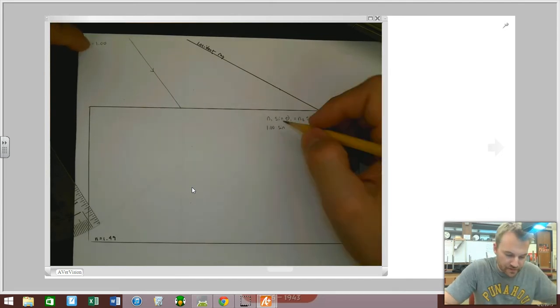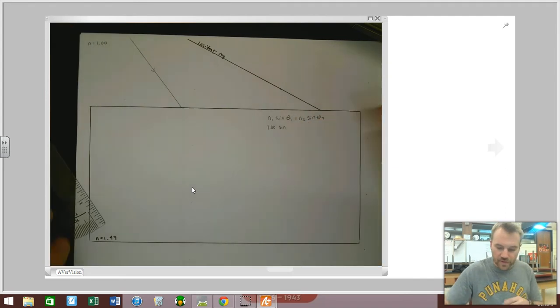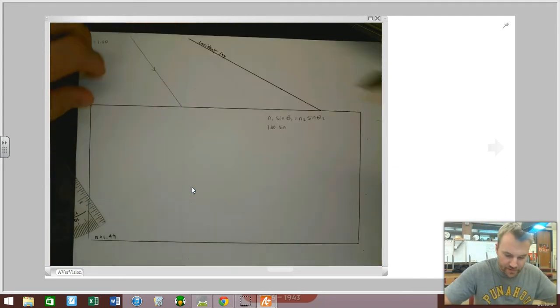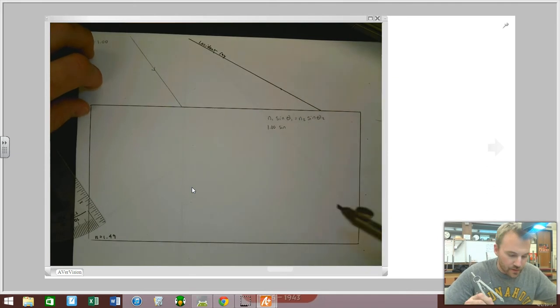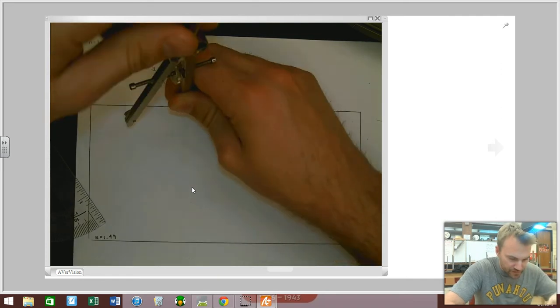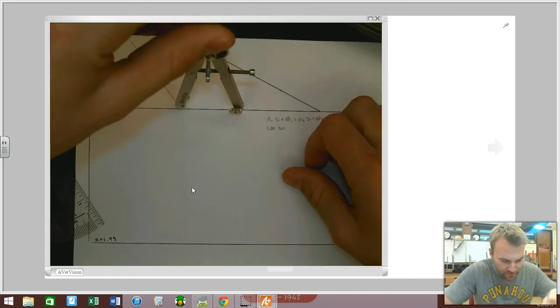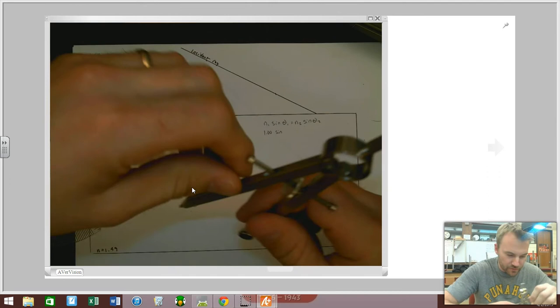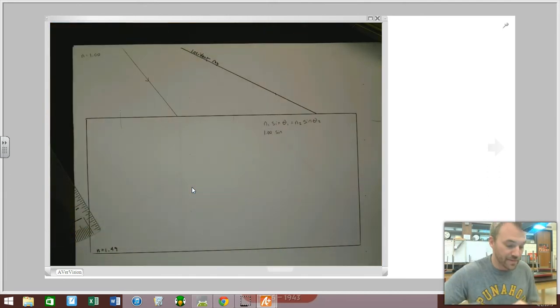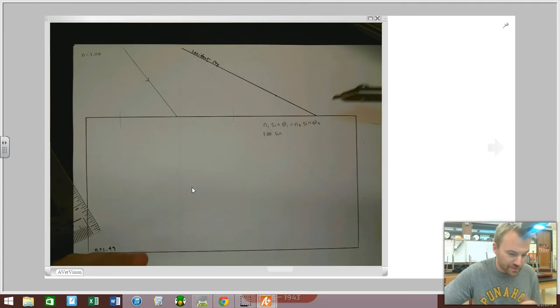Now we have to find the angle of incidence. So first order of business, we have to find this angle of incidence here. So we're going to construct a normal, and you have to be really good about this, because you're going to start doing calculations with a number that you measure, and you're only as good as your measurement.